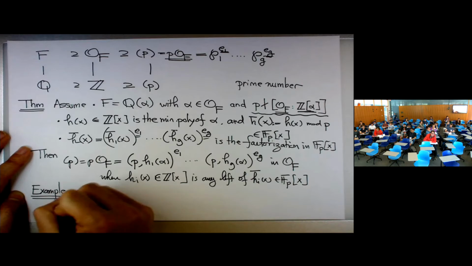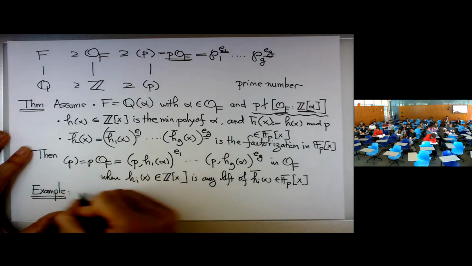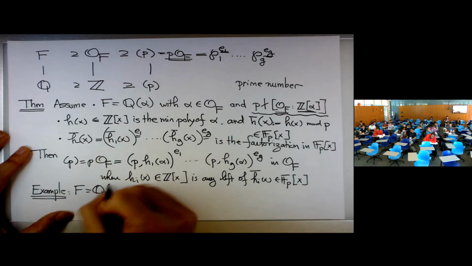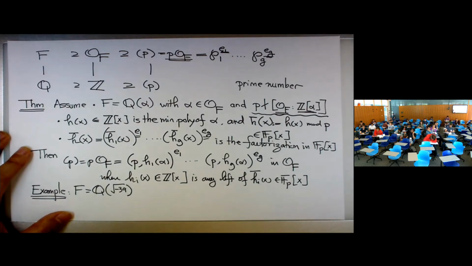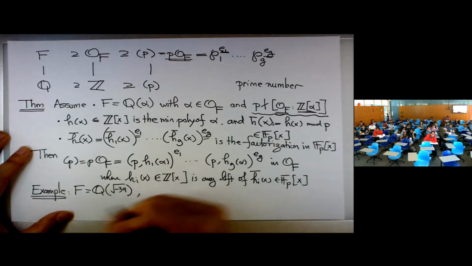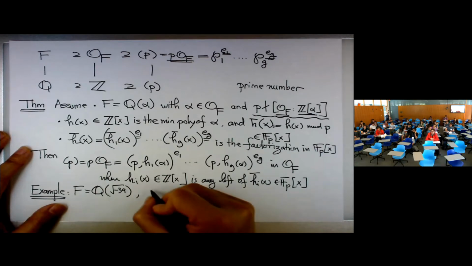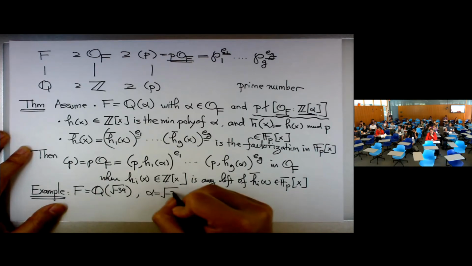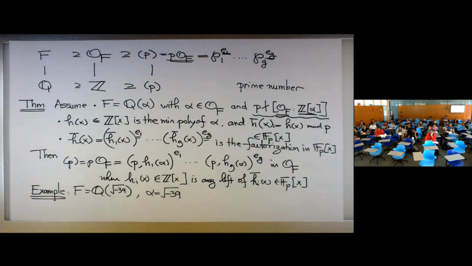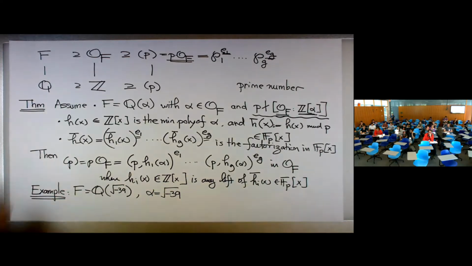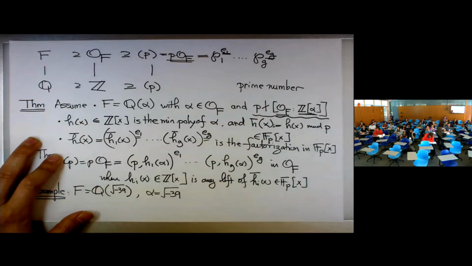Let me give an example quickly. Let's just take this one, this complicated imaginary quadratic field. This is really complicated. So I want to take alpha to be not the generator of the ring of interest, because a lot of the time, as we talked about last time, this OF may not be generated by one element anyway.